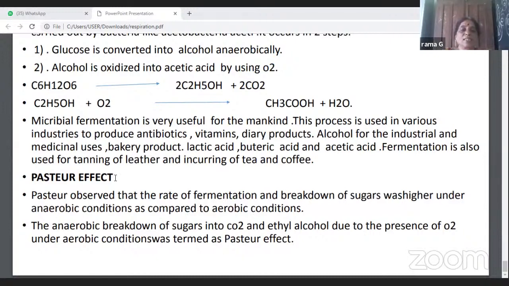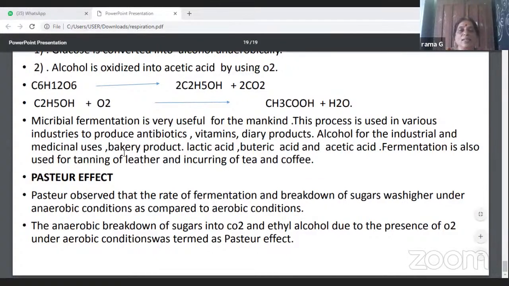So, what is the Pasteur effect? It means the anaerobic breakdown of sugars into carbon dioxide and ethyl alcohol. Here we have shown it in equation form. Under anaerobic conditions, glucose splits into ethyl alcohol and carbon dioxide.